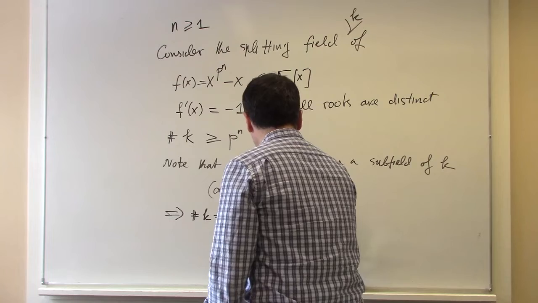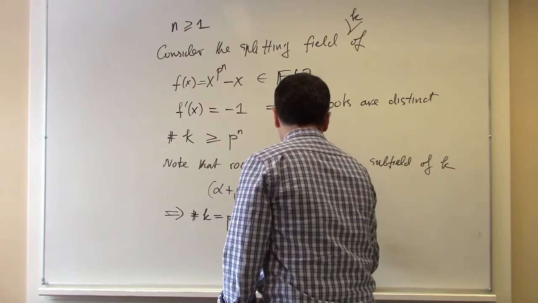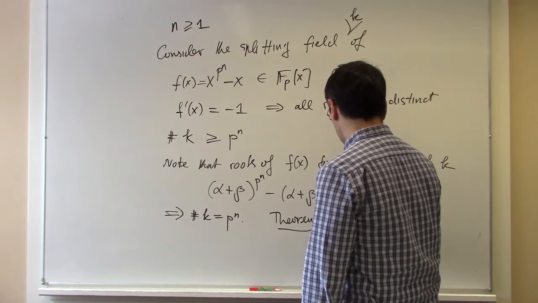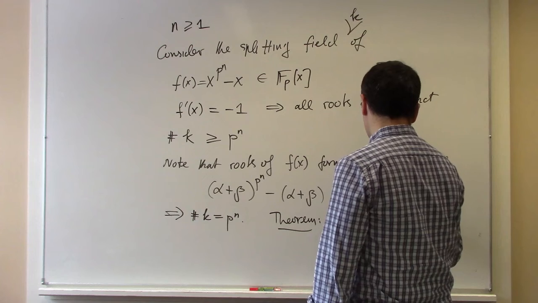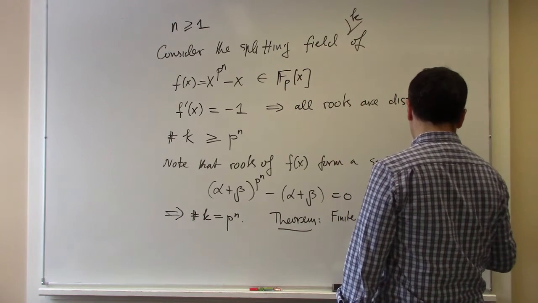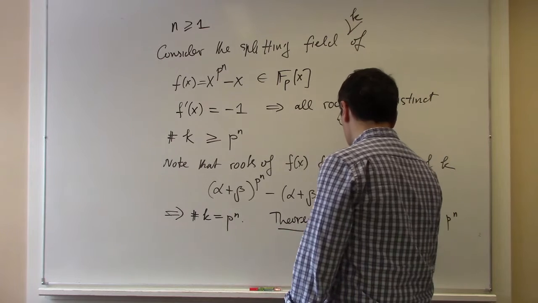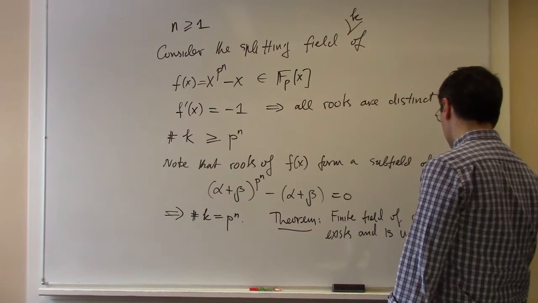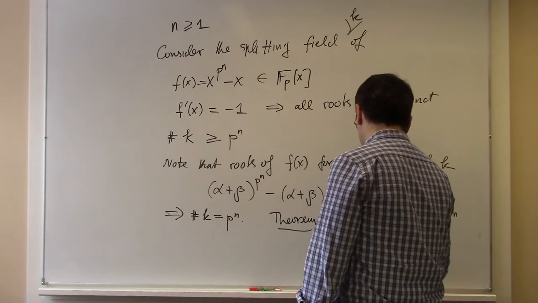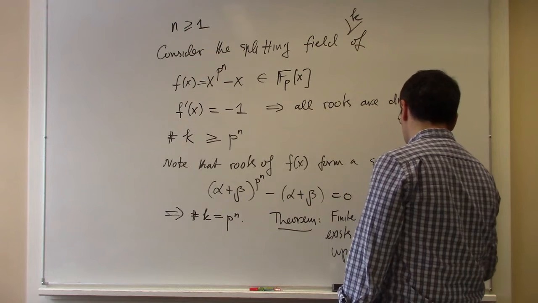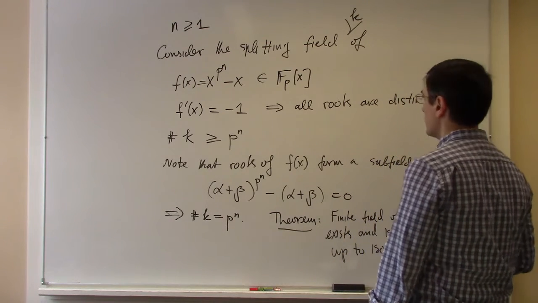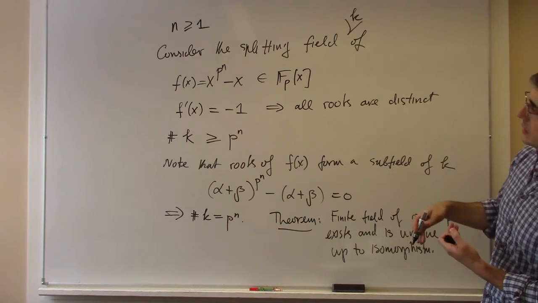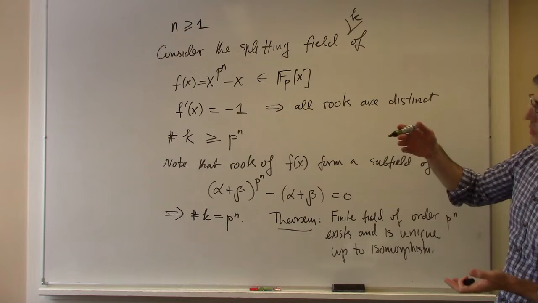So a finite field of order p^n exists, and is unique up to isomorphism.